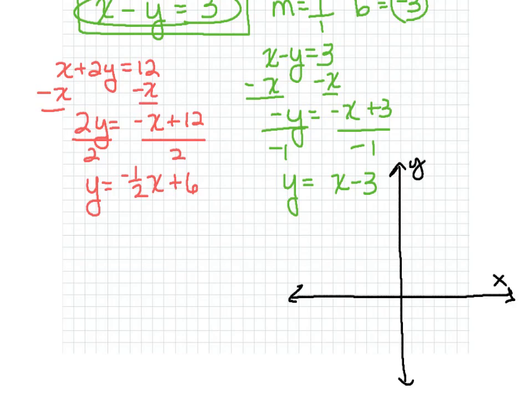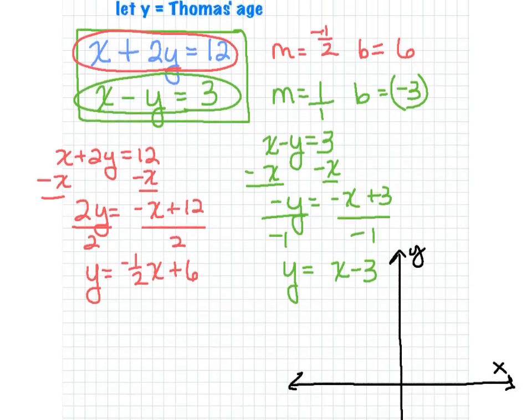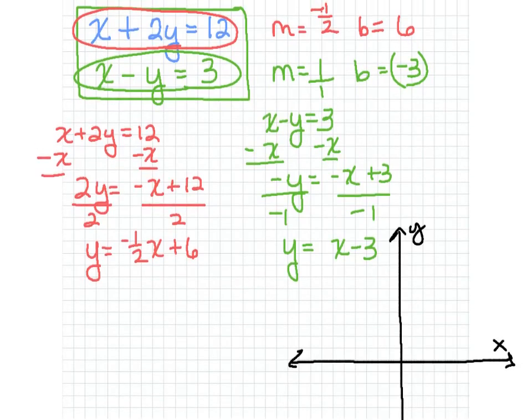And let's start with the first equation. Let me recall that my y-intercept is at positive 6, right there, and my slope is negative 1, 2, negative 1, and 2. And if I went the other way, I have that. Okay, so here is the first equation.